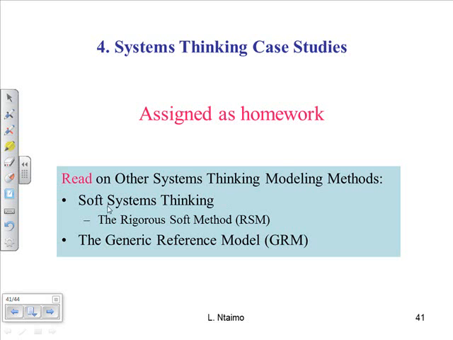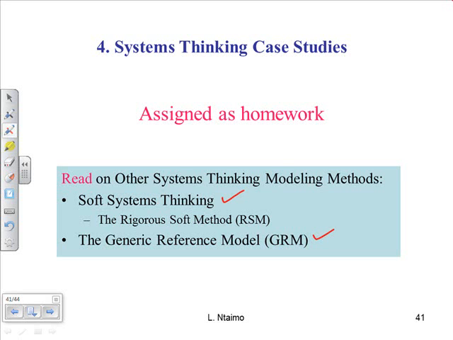So I provided a reading assignment for the next homework, and I would like you to read on two systems thinking modeling methods. One of them is called the soft systems thinking approach, or the rigorous soft method. The other one is called the generic reference model.